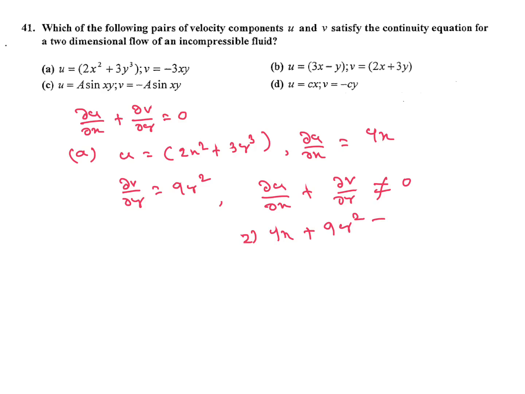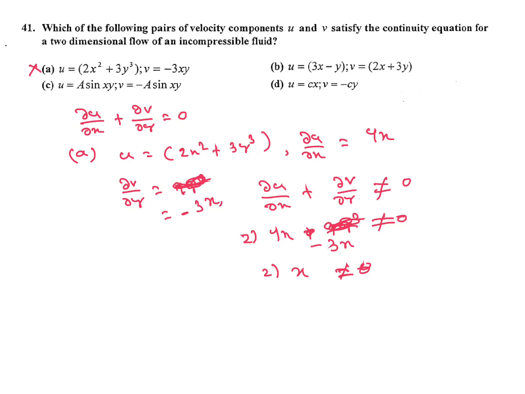So A not possible. Sorry, v is minus 3xy. So del v by del y is minus 3x, and here minus 3x, x is not equal to 0.